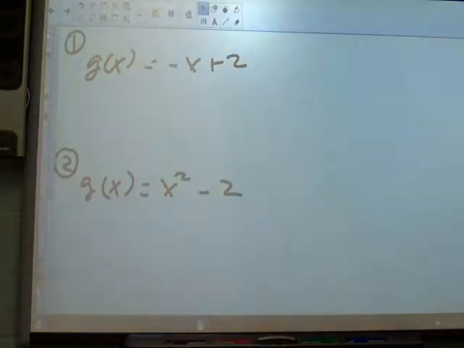Negative. That's right. Number 1 would stretch, wouldn't it? Because it's more than 1. It's kind of just like this one that we did.